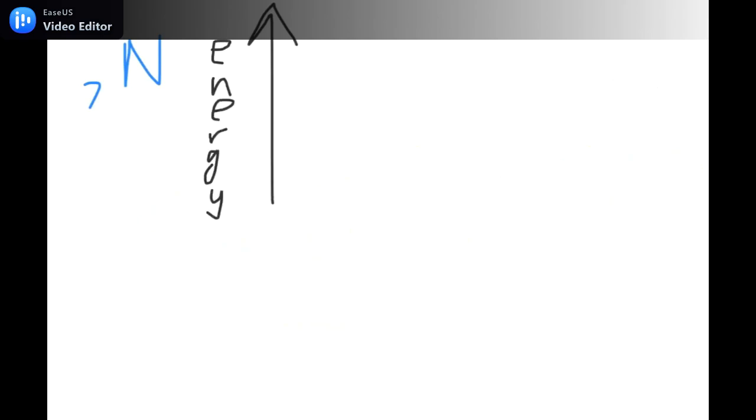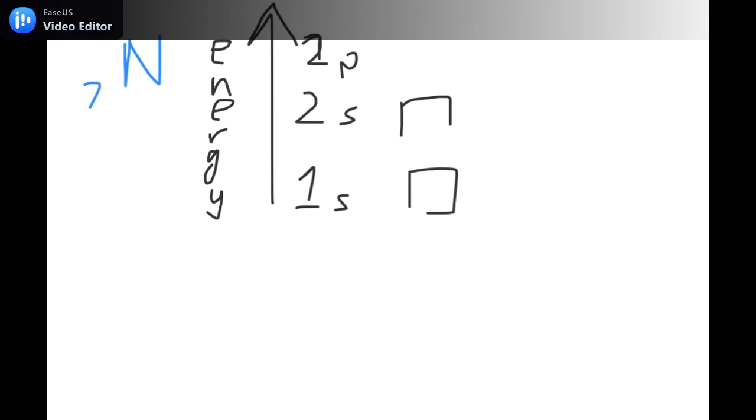The lowest energy is of 1s, then 2s, and highest is of 2p in this configuration. 1s has 1 box, 2s has 1 box, and 2p has 3 boxes. First, we'll fill 1s, then we'll fill 2s. Now we have filled 4 electrons, 3 remain, so we'll fill them singly in 2p. So this vertical configuration is for P2s.